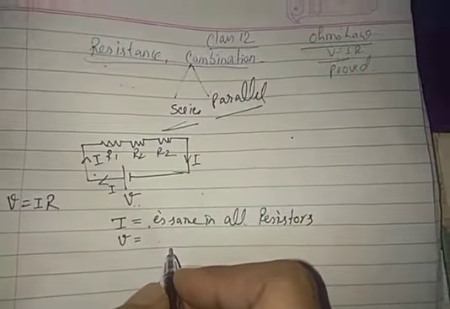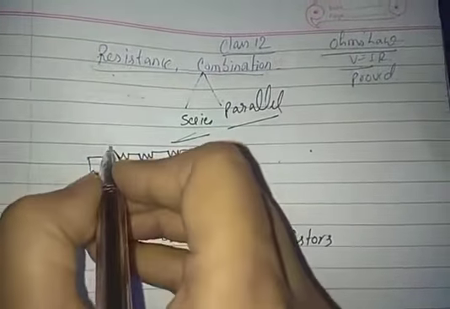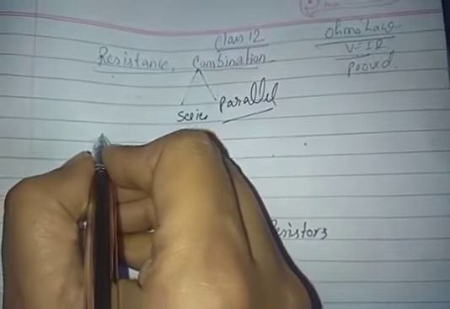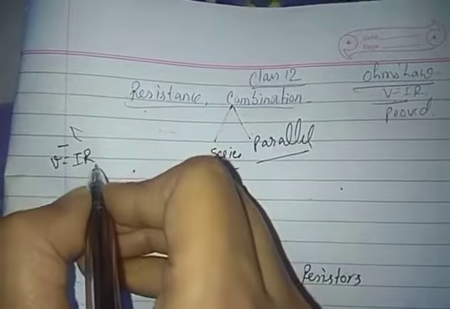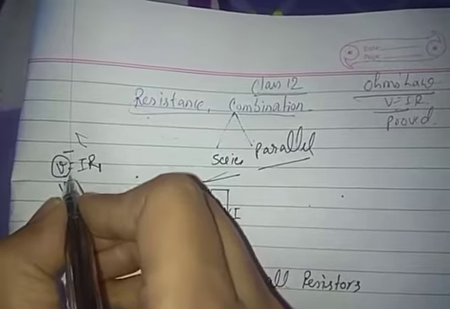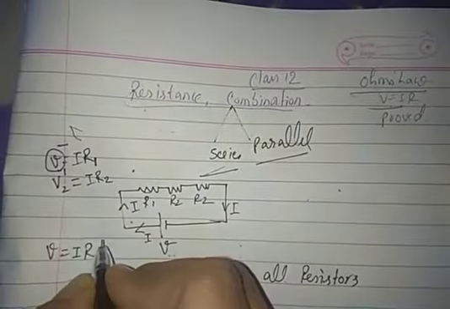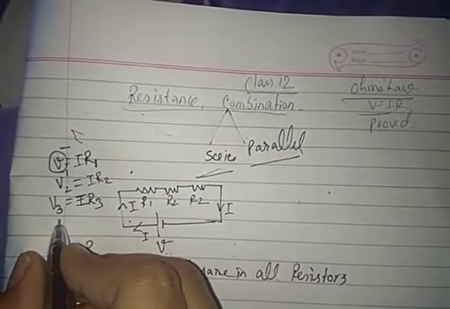Now let us talk about V. When I is the same, with the formula V equals I times R1, if the resistance value is R1, then V1 will not be the same. For the second one, the resistance value is R2, so again V2 will not be the same. Similarly, the resistance value is R3, so again it will be V3.